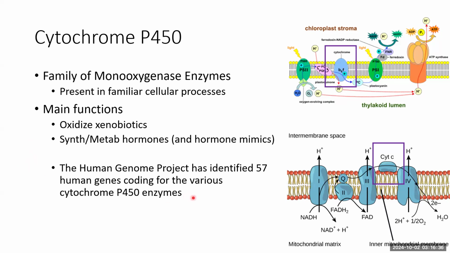So while cytochromes are all over the place in many and varied forms, particularly of the P450 variety of enzymes, we have 57 unique cytochrome P450 enzymes that can be involved in the oxidation of our toxic compounds. So cytochrome P450s are really the workhorses of the monooxygenase group of compounds.